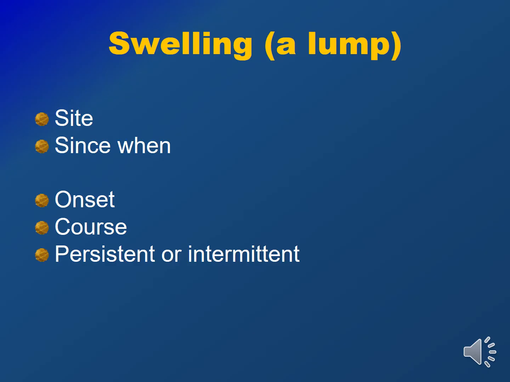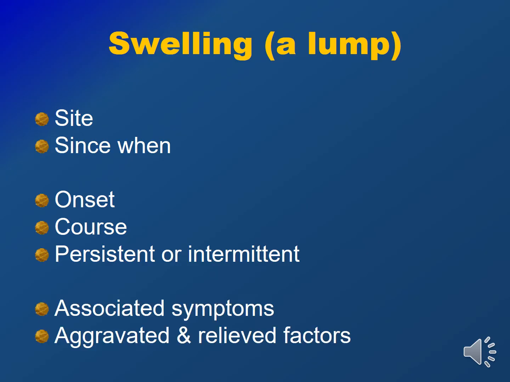We will explain it. Persistent or intermittent swelling: does the patient feel this swelling all the time, or does he feel it sometimes and not all the time? Lastly, associated symptoms, and aggravating and relieving factors which cause this swelling to appear or become more prominent.